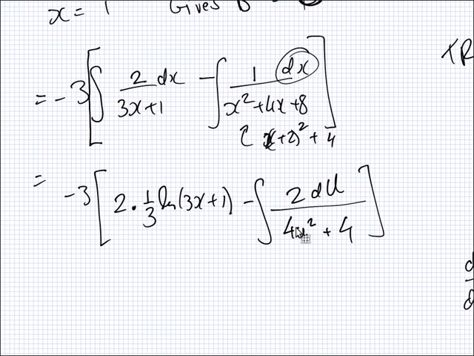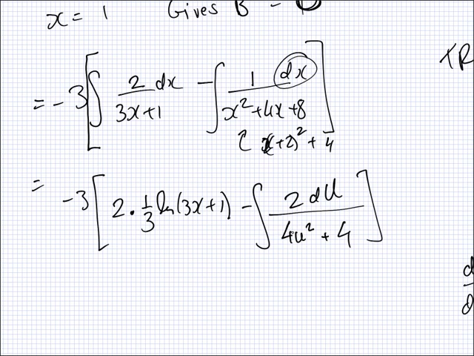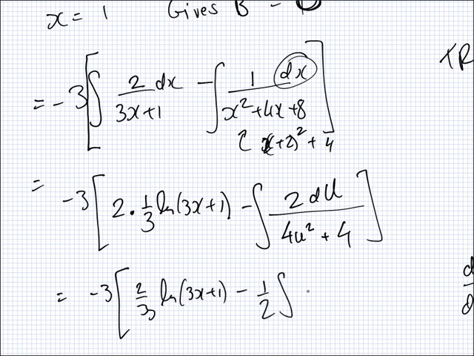Hang on. Something feels wrong. No? Okay. We can change this into minus 3, 2 over 3, log 3x plus 1, minus a half, integrate 1 over u squared plus 1 du, because you can take the 2 and the 4 out.